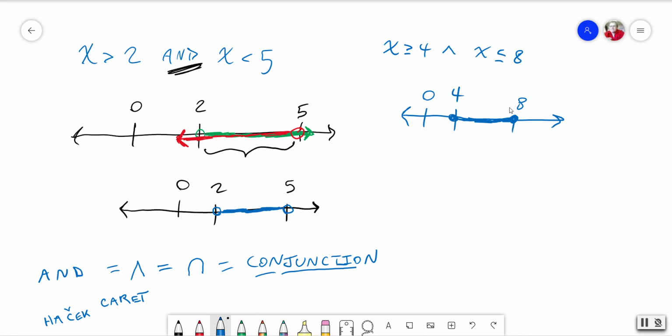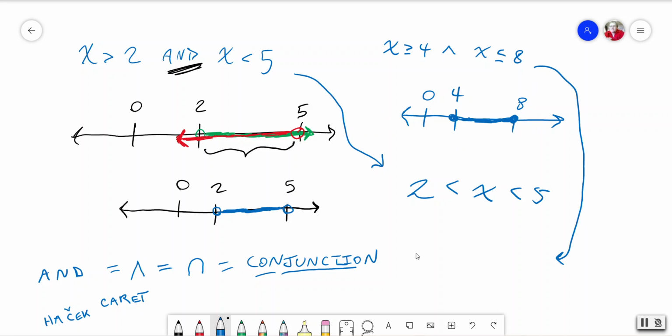Notice that the inequality sign opens toward the x in both cases and points toward the 2 in both cases. So when I change the order, I have to take the inequality sign with it. But this expresses that x is between 2 and 5, just like it's shown here. So 2 is less than x, which is less than 5, or in this case, 4 is less than or equal to x, which is less than or equal to 8, because x is in between 4 and 8, and in this case, it can include them.